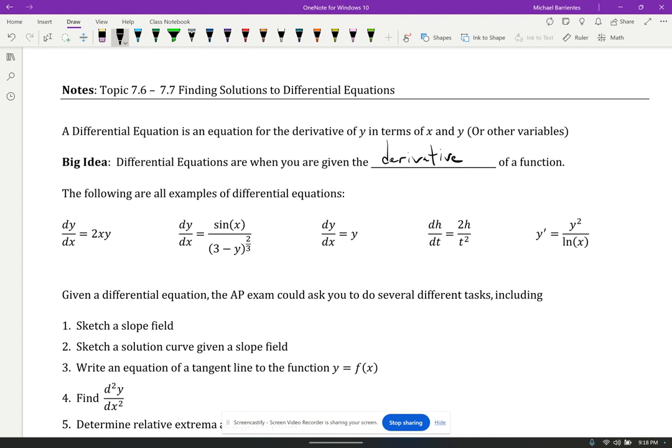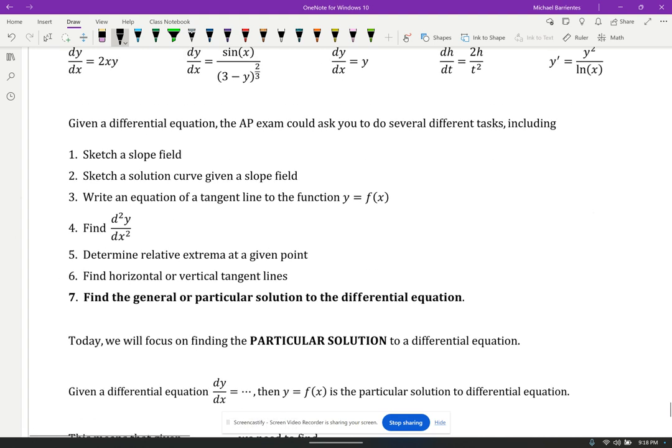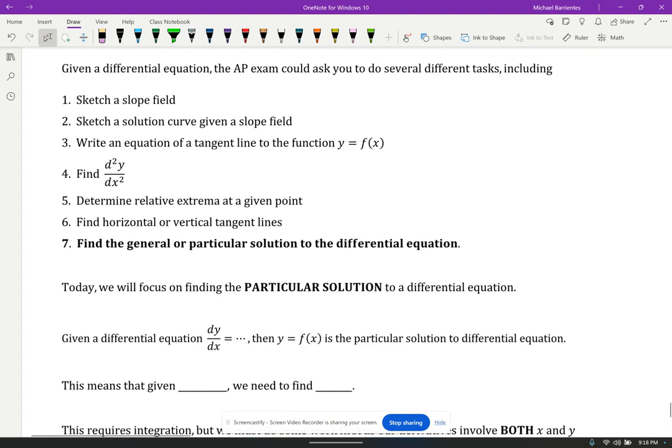So differential equations by themselves can actually create their own math course. There is a math course called differential equations and how to solve them. But on the AP exam, you could be asked to do one of these things. We already talked about how you could be asked to sketch a slope field, or sketch a solution curve given the slope field.